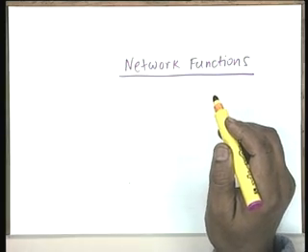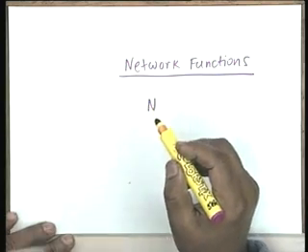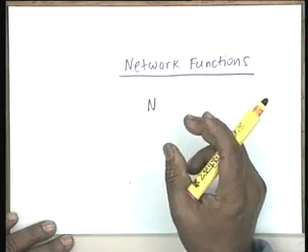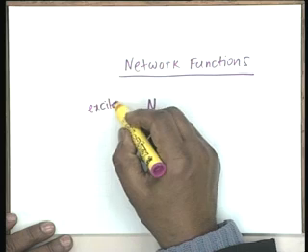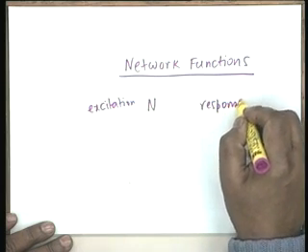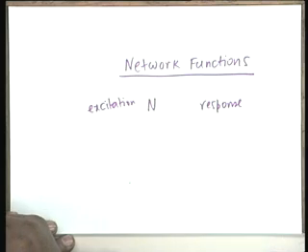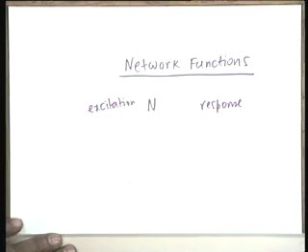As I have said earlier, a network, in order to be useful, must have an excitation and must have a response. These are the three essential components of circuit analysis or circuit synthesis.